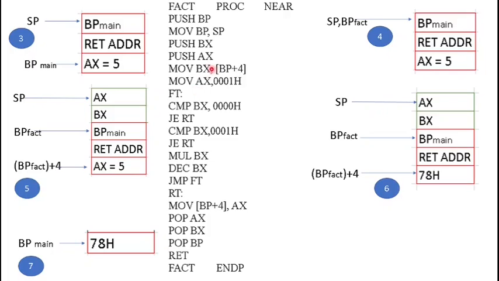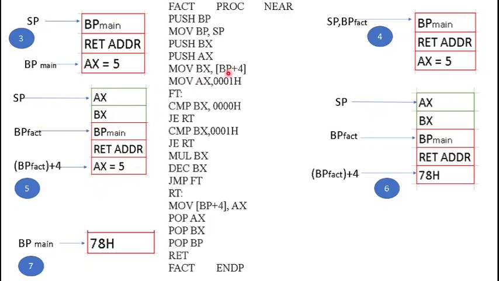We already know that BP fact is pointing to this area, and if we move 4 bytes beyond this BP fact, we will get access to 5.